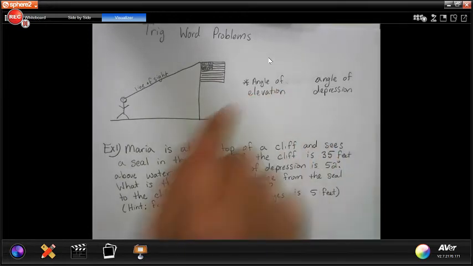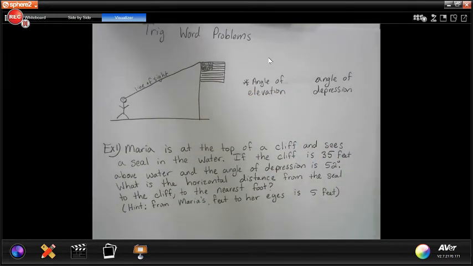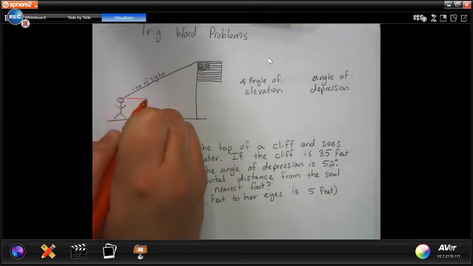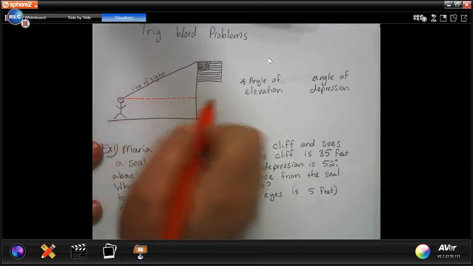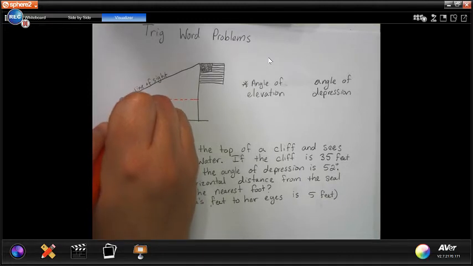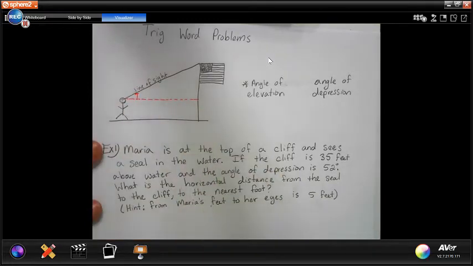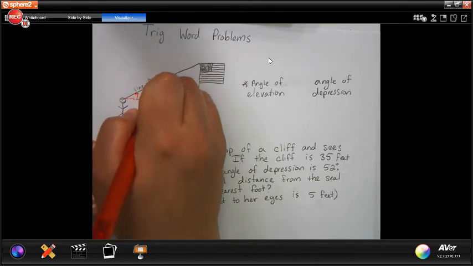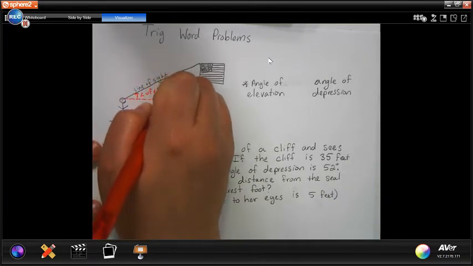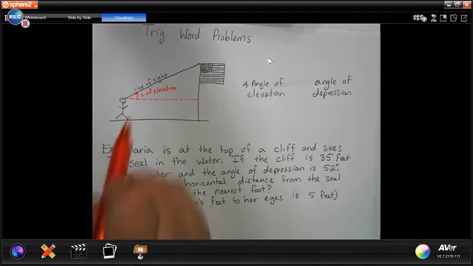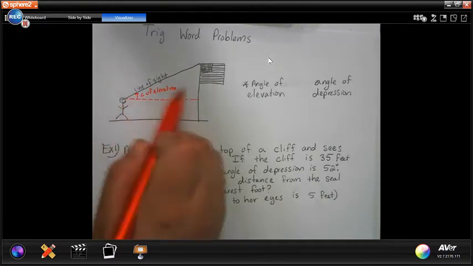Angle of elevation: just the word elevate means to lift up from the bottom. So angle of elevation is basically from a bottom parallel line, or a bottom horizontal line, lifted up to your line of sight. That is angle of elevation. So it's from a bottom horizontal up to whatever the diagonal line is.